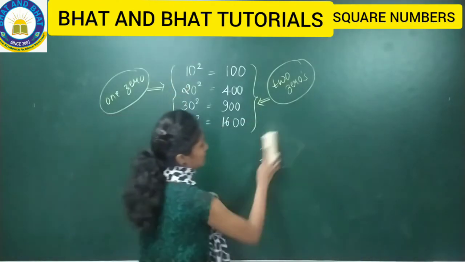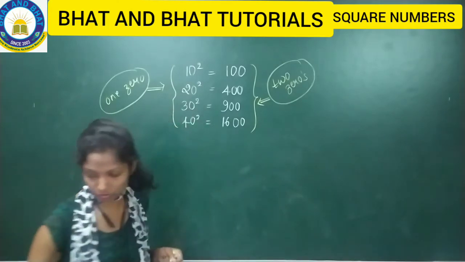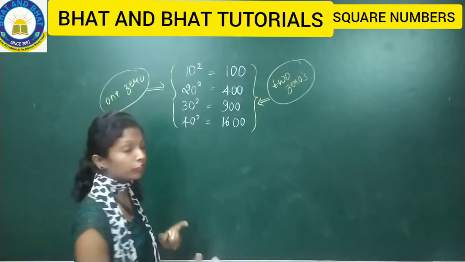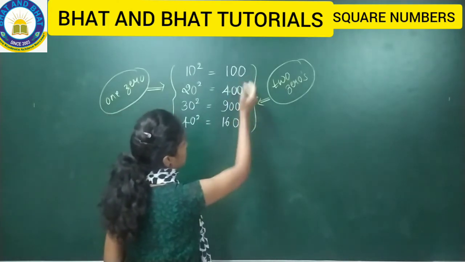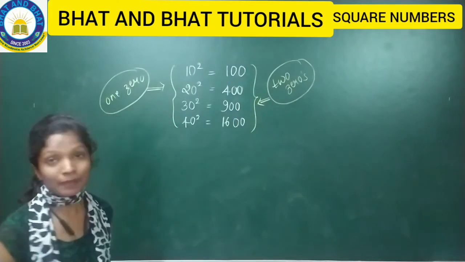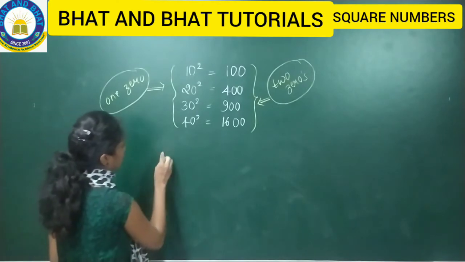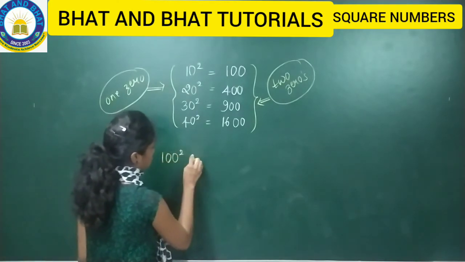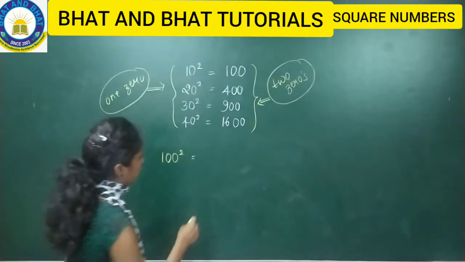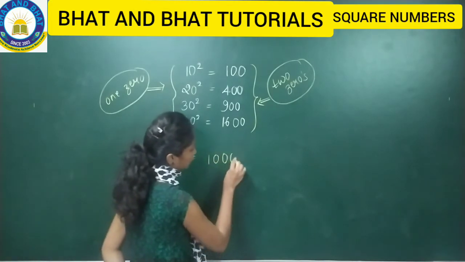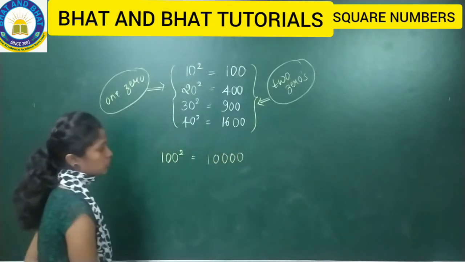So this is one of the tricks that you can follow. When there is 1 zero and you have the square for that, the final answer will have 2 zeros. Now what happens if we take 2 zeros? Say for example, you have 100 square and your answer will be 1, 2, 3, 4 zeros.